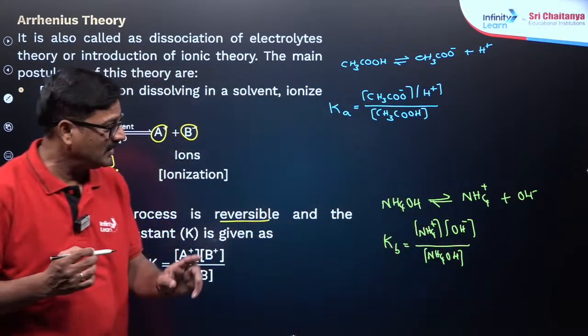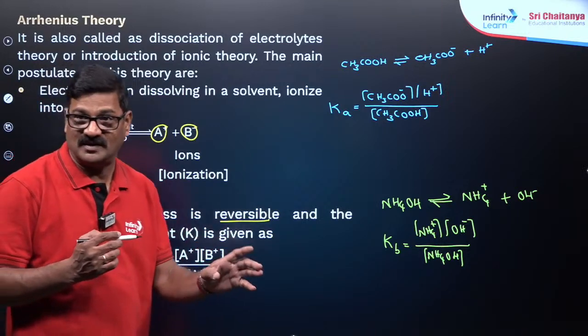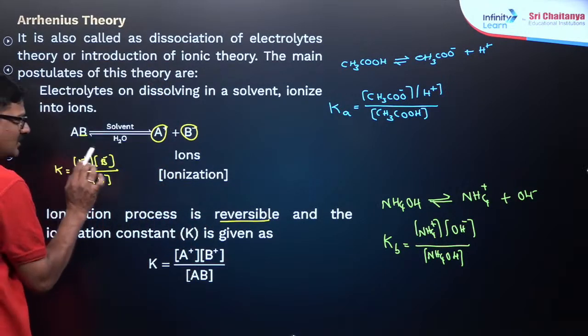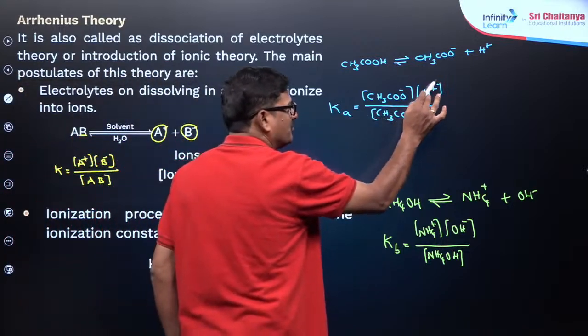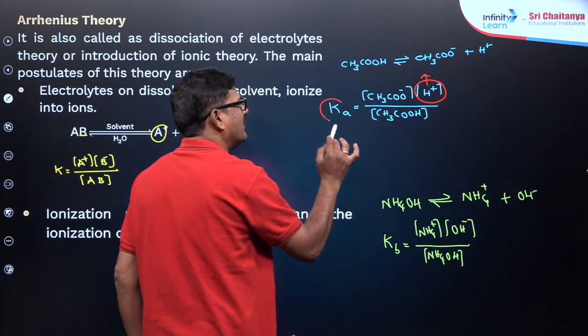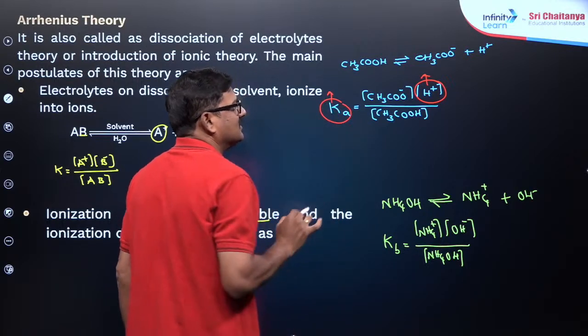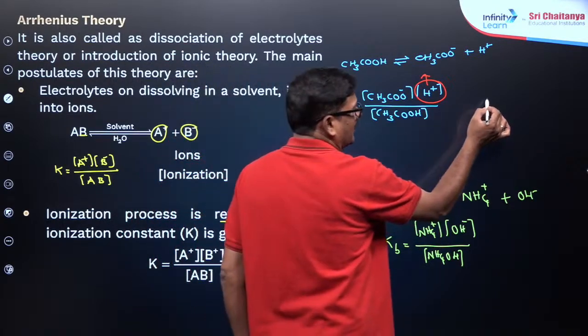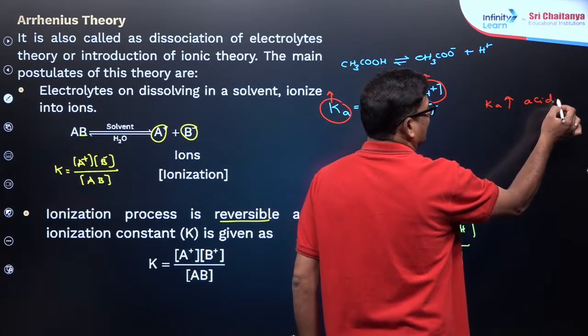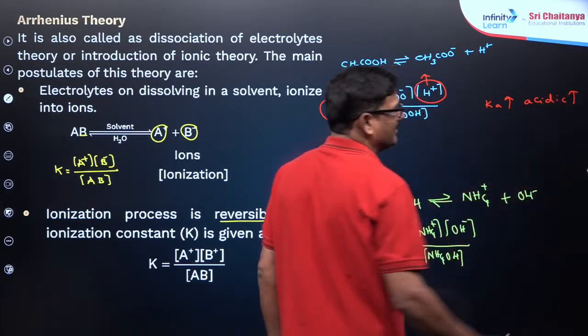Now you can see for a weak acid and weak base, clearly you can see if the H plus value increases, then the K value will also increase. So if the K value increases, the acidic strength also increases. Are you getting or not? Clear?